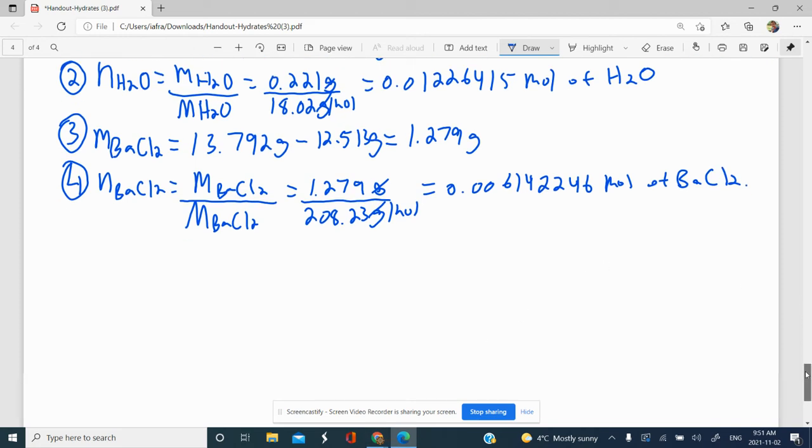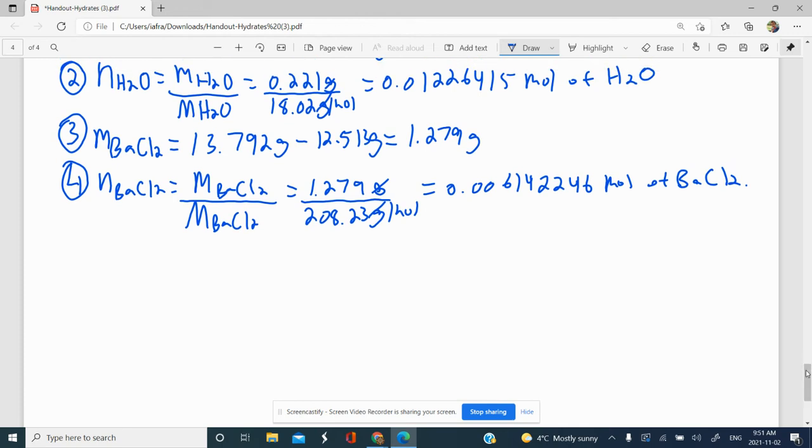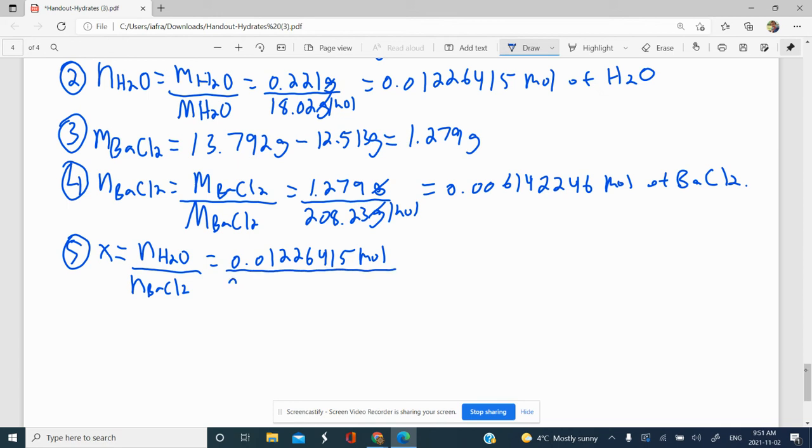Now we can find our X value by dividing by small, doing our ratio. So remember, X is going to be the moles of water, which is bigger, over the moles of your anhydrous, which is BaCl2, it's smaller. So we'll get 0.0122645 moles of water divided by 0.006142246 moles of BaCl2.